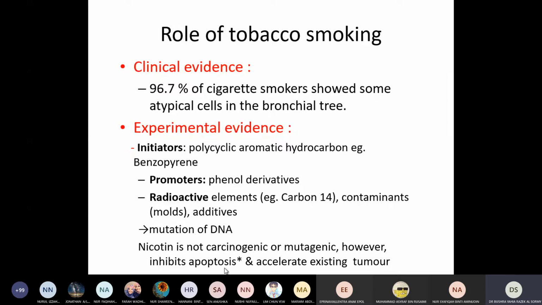But maybe they said it can mutate and also inhibit apoptosis, and if there is a tumor, it can accelerate the existing tumor. But the initial carcinogens are the polycyclic hydrocarbons, phenol derivatives, and the radioactive parts. Understood?